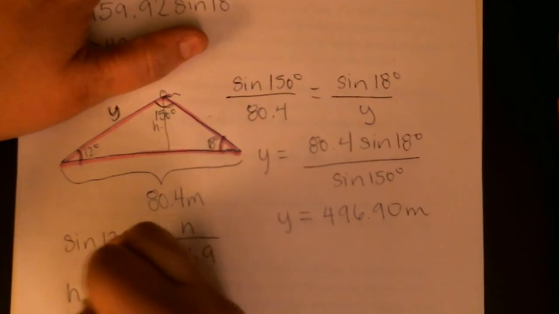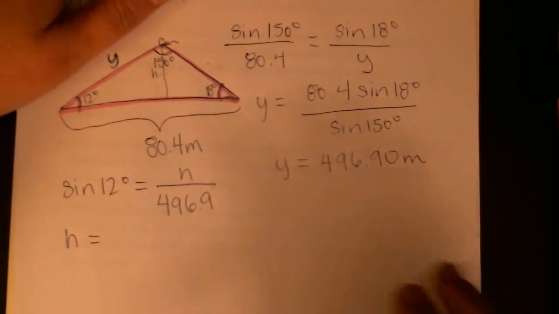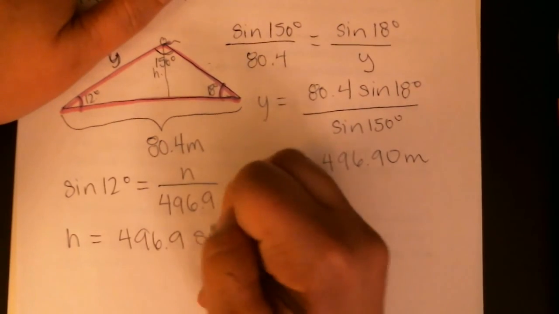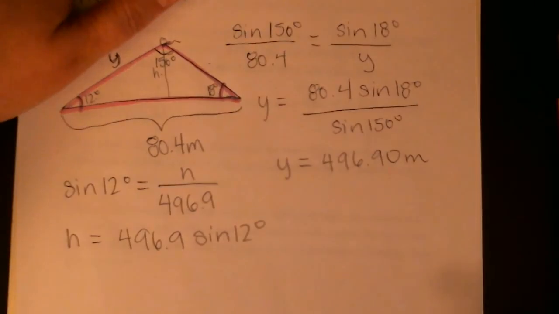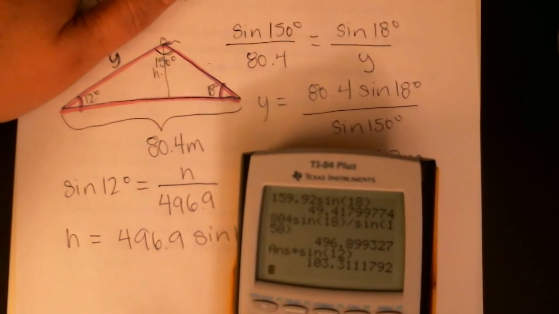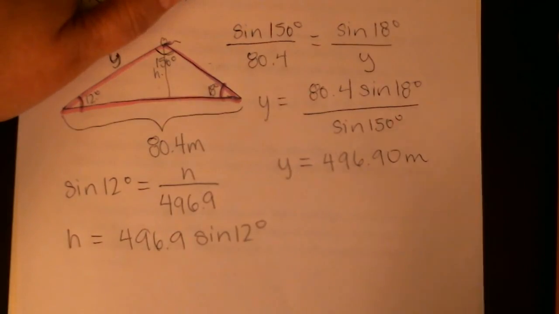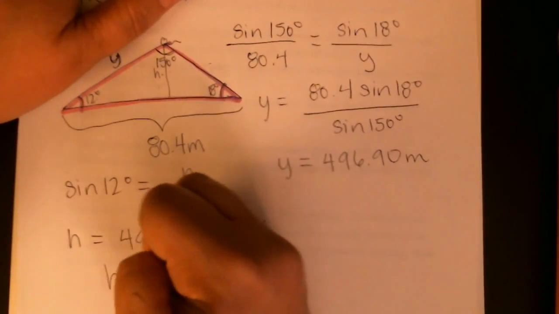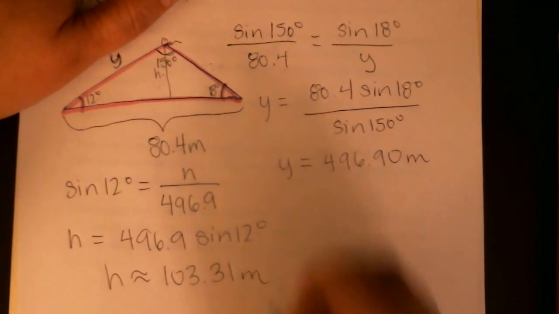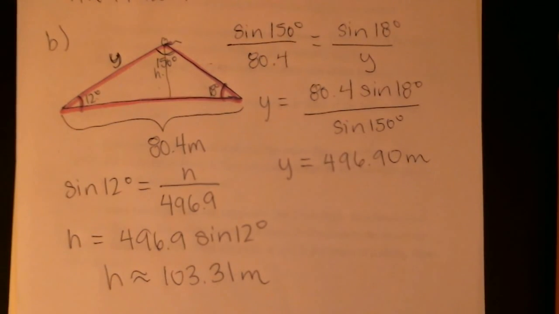And then h would have to equal 496.9 sine 12 degrees. So we just need to take what we just found and multiply it by the sine of 12, and we get 103.31 meters. The balloon is about 103.31 meters high.